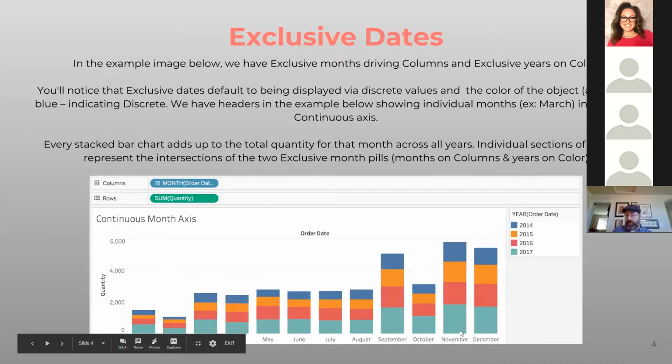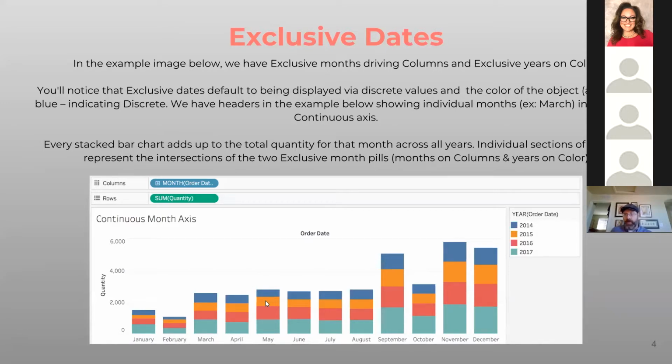And if that was the only thing driving this chart, then we just have single bar charts for total quantity of each of those months across all 4 of these years. Because year of order date is on the color shelf, we instead have stacked bars, and each of those individual segments of the stacks is the intersection of years and months, but driven by 2 separate pills.